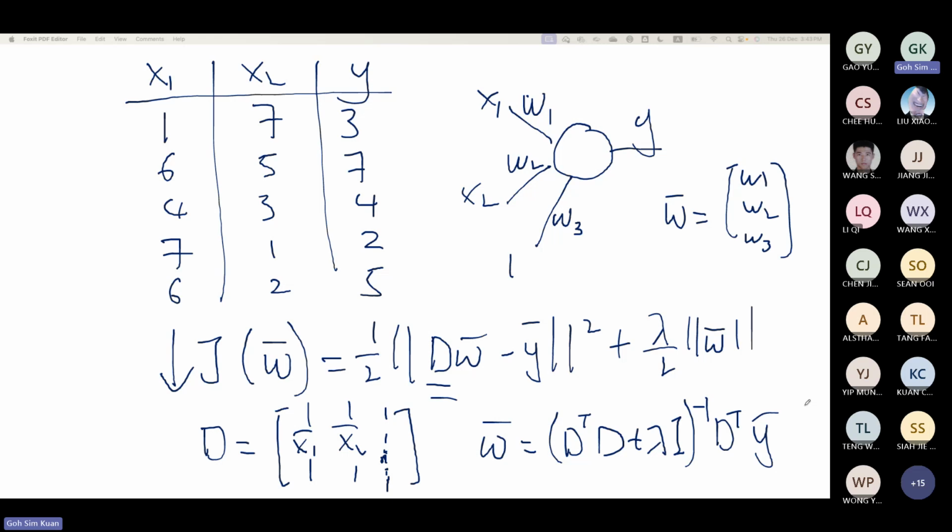To compute this term, the lambda will be given in the question, and let's say lambda equals 205. D is already available, and the third column is our Y column vector.